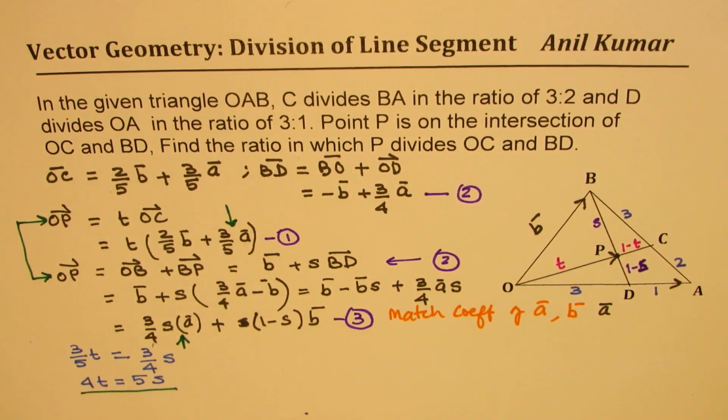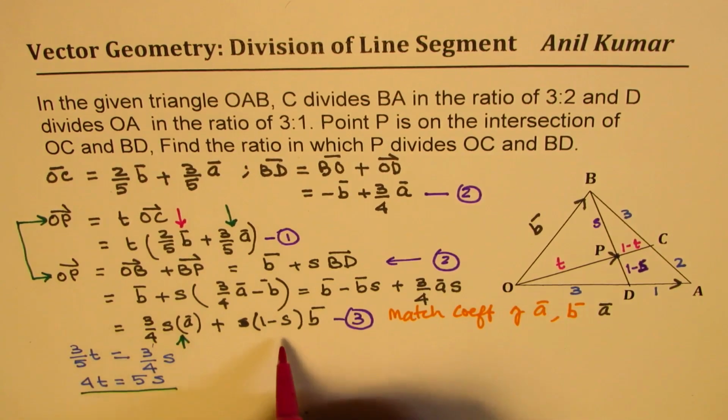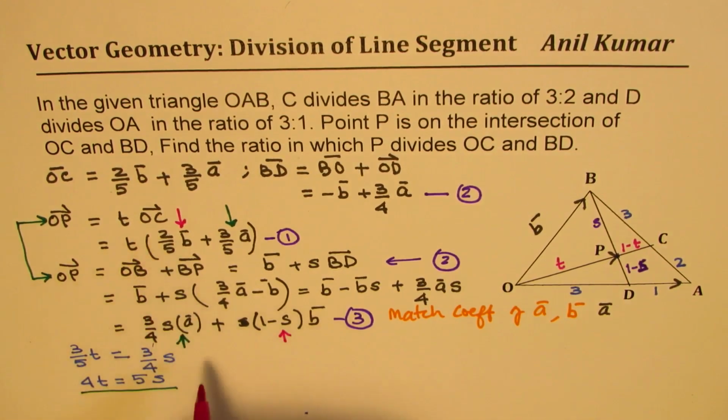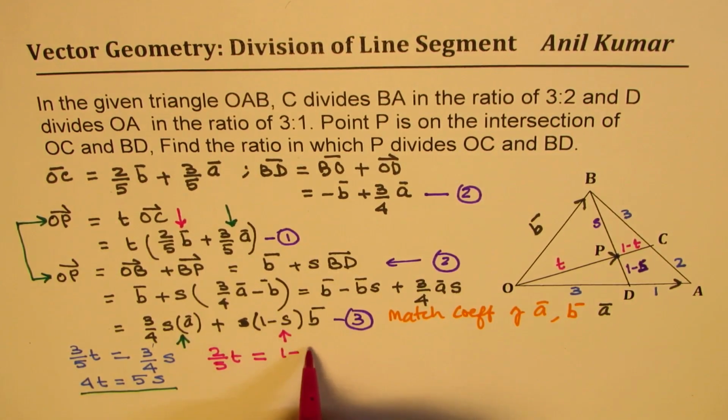Correct. Now, let us compare the coefficients of B, which are these. Here the coefficient is this, right? So we'll have 2 over 5 t equals 1 minus s, right?